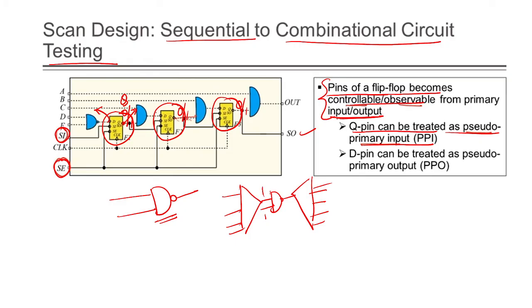By converting the sequential circuit to a combinational circuit, we make it easy to give scan-based test cases, and we make the circuit controllable and observable.